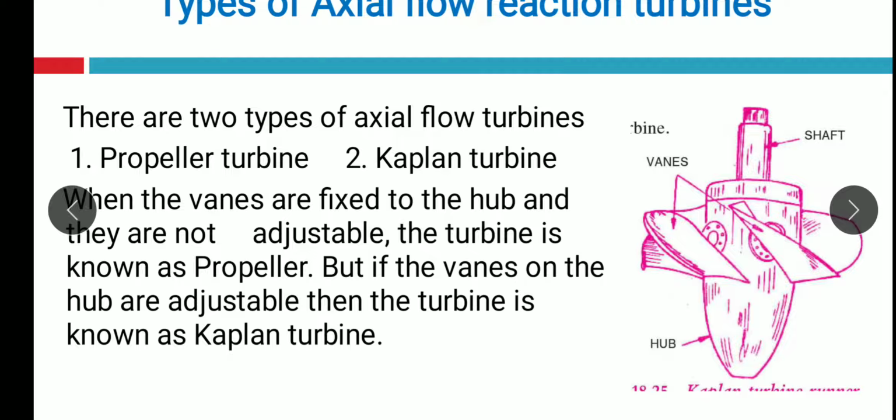The remaining function and mechanism are the same. The only difference is that vanes are not adjustable in case of propeller, and vanes are adjustable in case of Kaplan. Remember this point, this is a very important point.